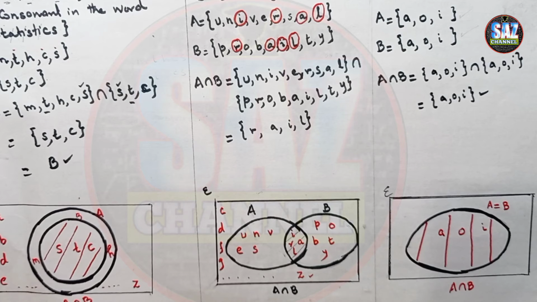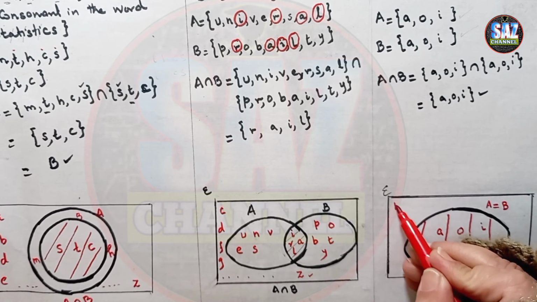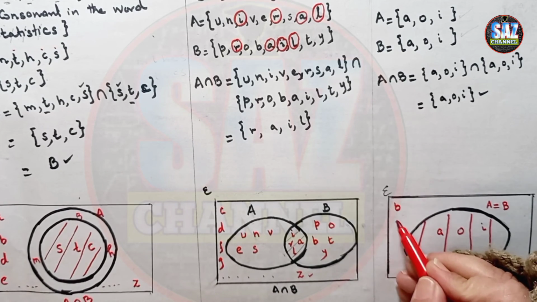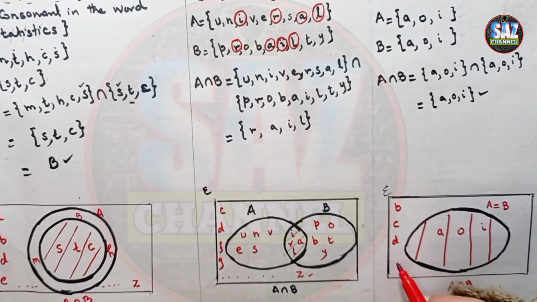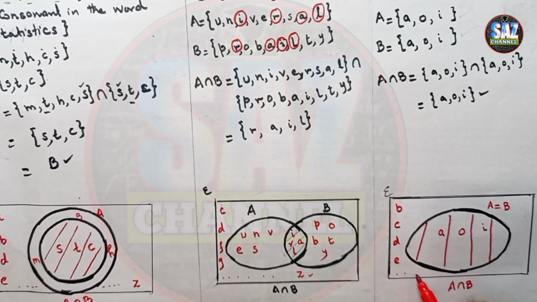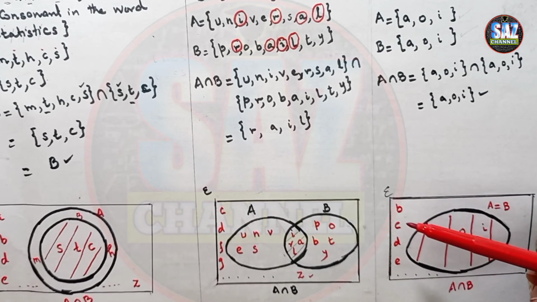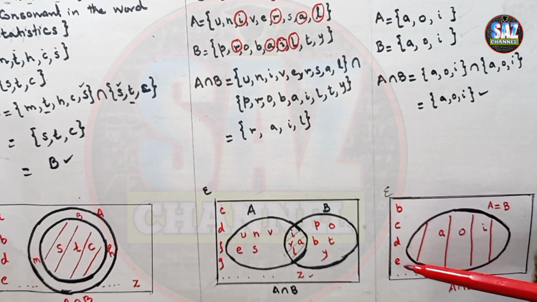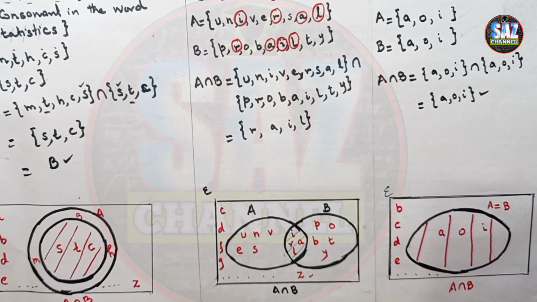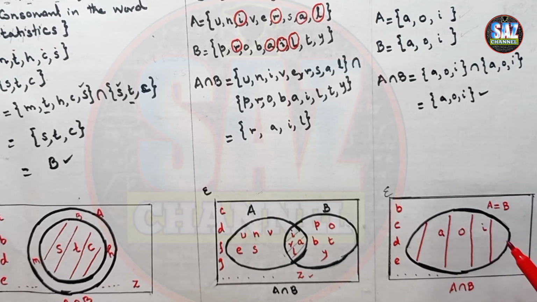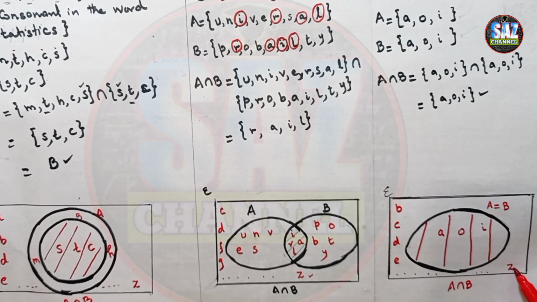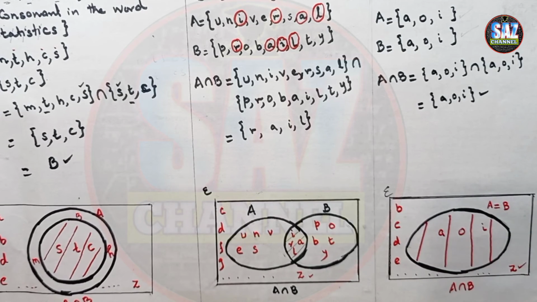As I have already written A in the subset, I'll begin the elements of the universal set with B, then C, then D, and then E. Now we have given the pattern, so the universal set will have A, B, C, D, E, and then we will write I, J, K, L, M, and in this way we can write the last element. I hope you are clear about today's lesson.